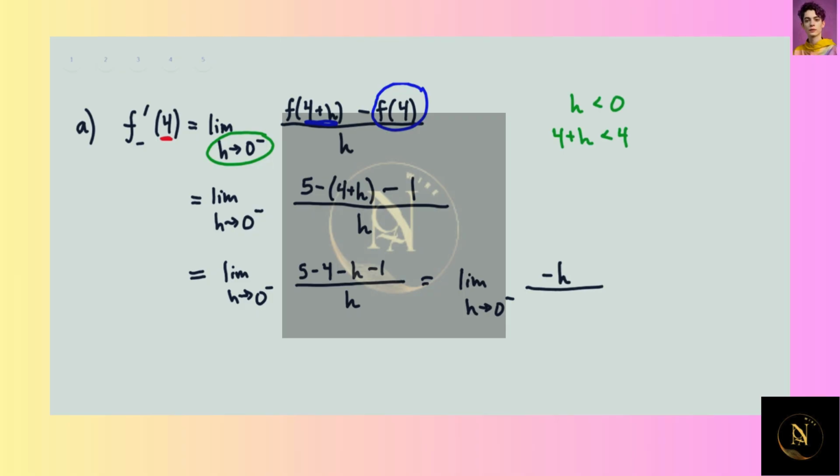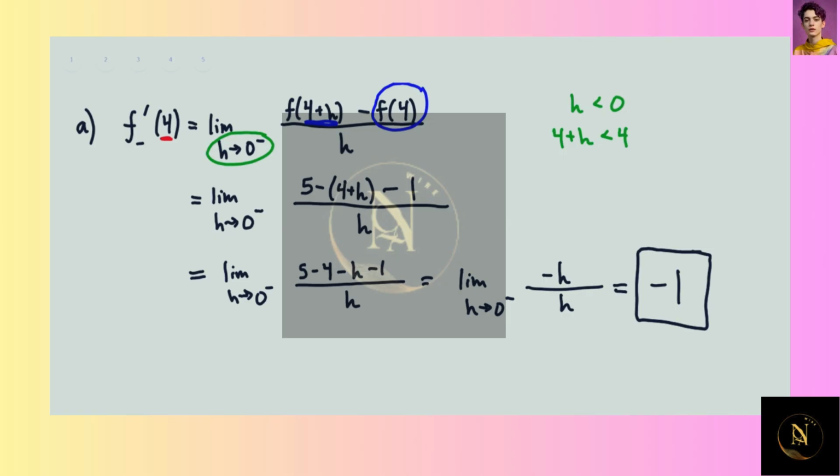We're left just with this. And as h approaches 0 from either direction, certainly from the left, this should be a pretty familiar limit. We're going to get negative 1. And that's the answer for the first part of part A. The left-hand derivative of f at 4 is minus 1.